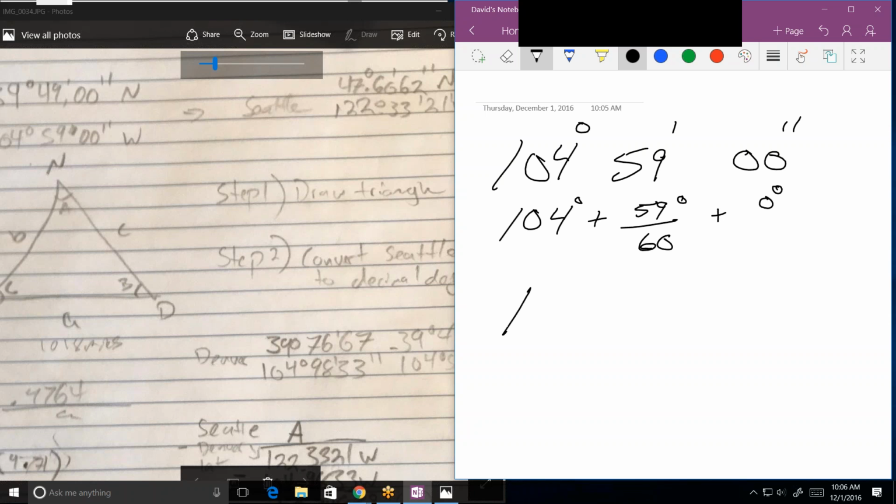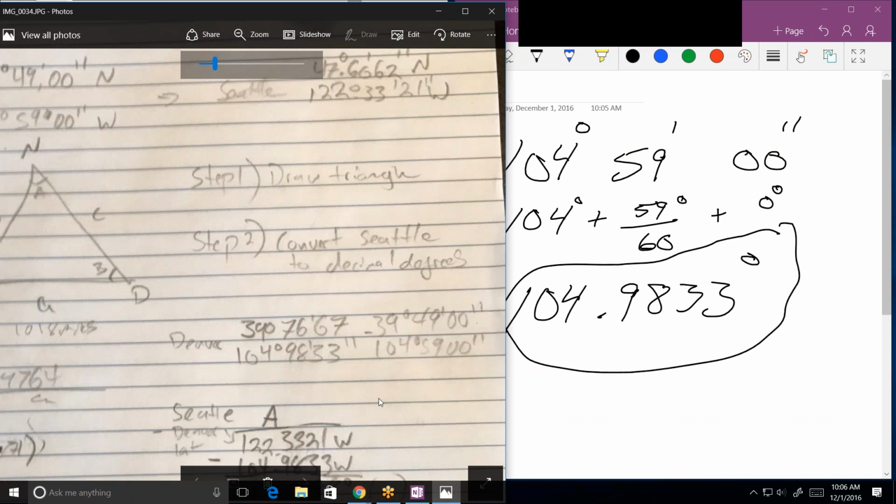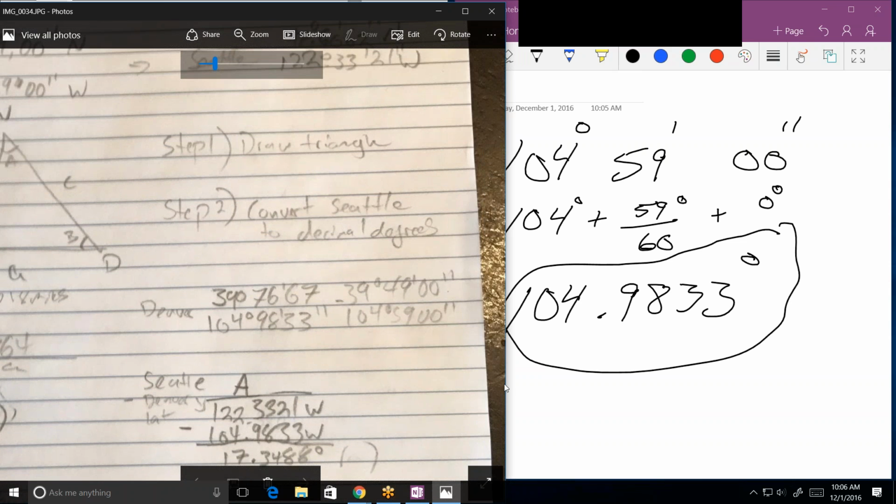So this whole thing converts to 104.9833 all degrees. No more minutes, no more seconds. So when you wrote this down here, you want to erase those minute and second hash marks and put a decimal right there. I just don't understand how you get 98.33 out of 59 over 60. What does that come out to be?